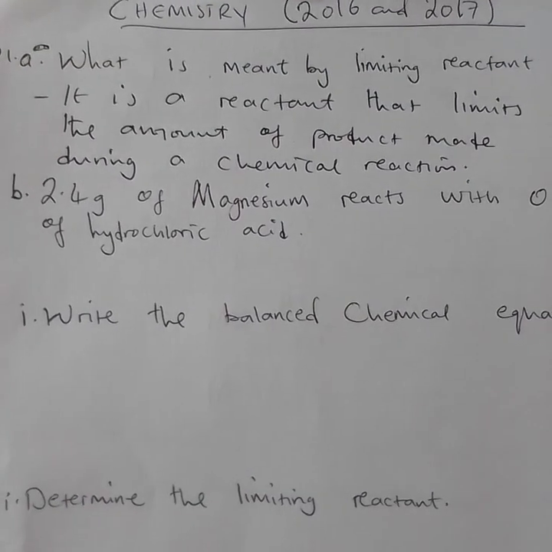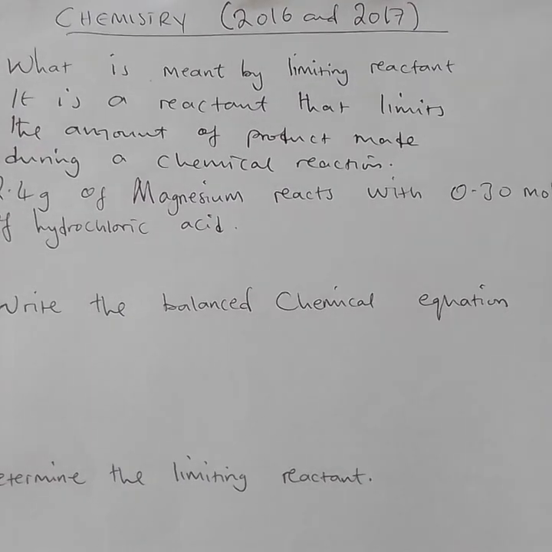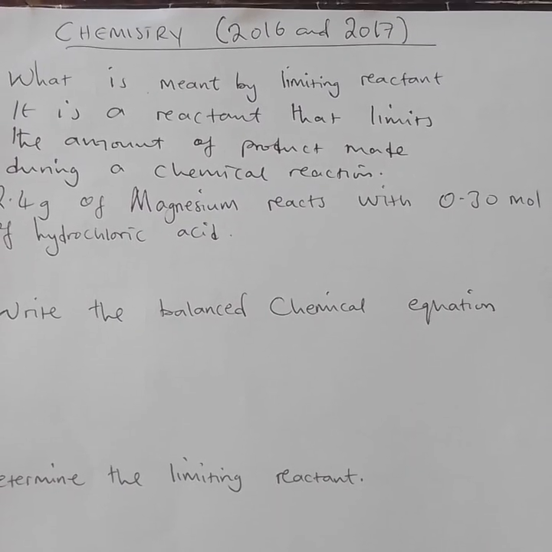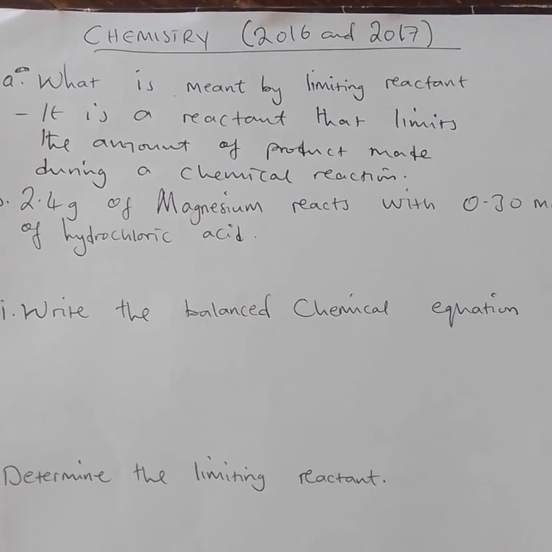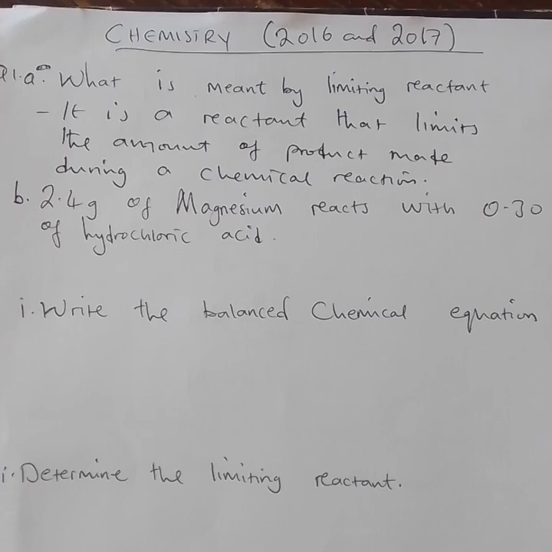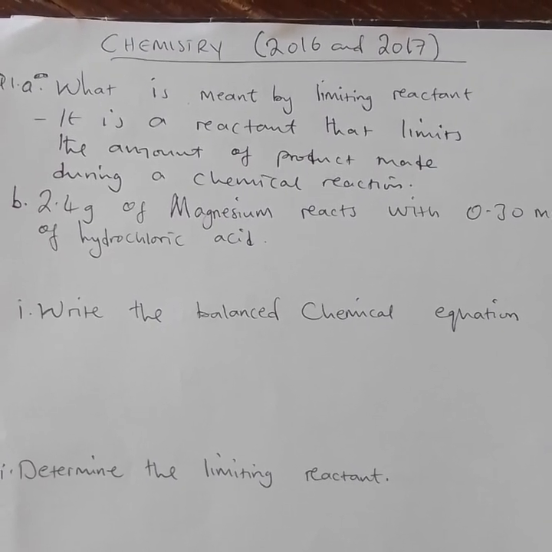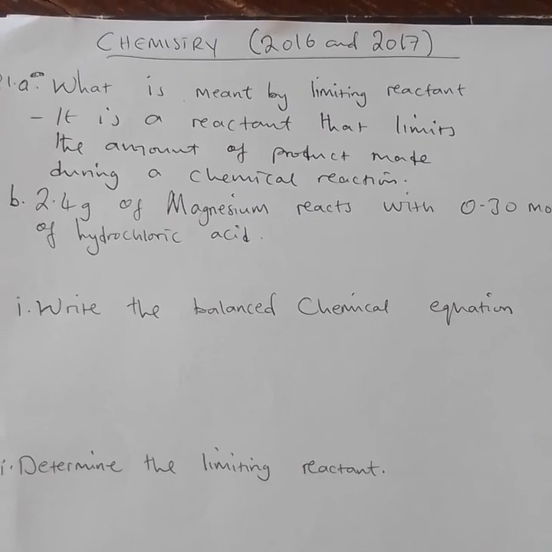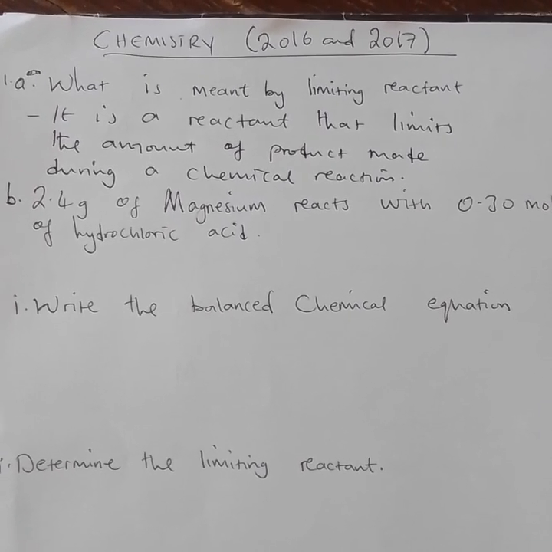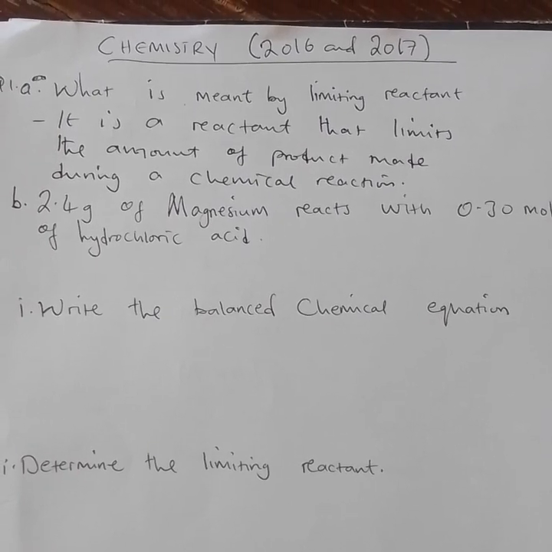Part B says 2.4 grams of magnesium reacts with 0.30 moles of hydrochloric acid. Our first question is: write the balanced chemical equation. Here your job is first of all to know the symbols of the elements and the compounds used.